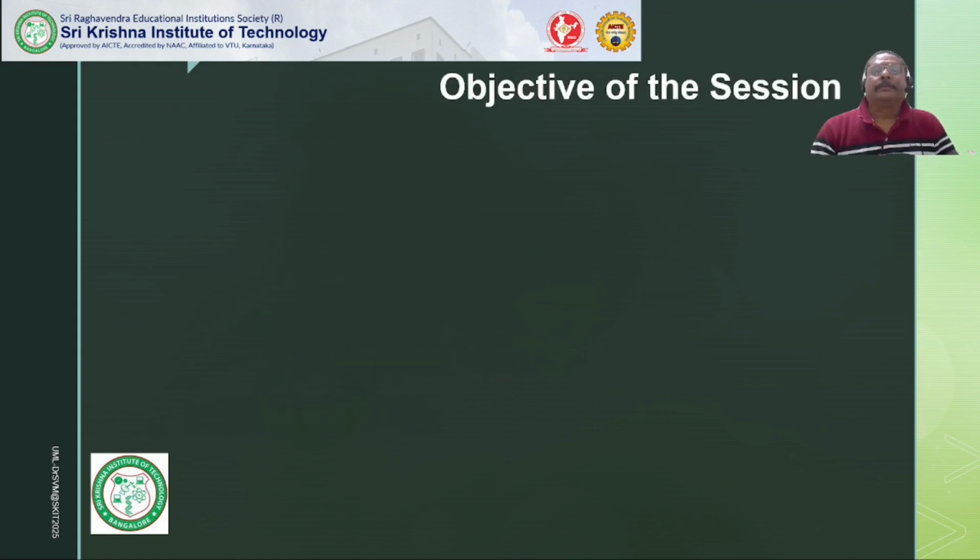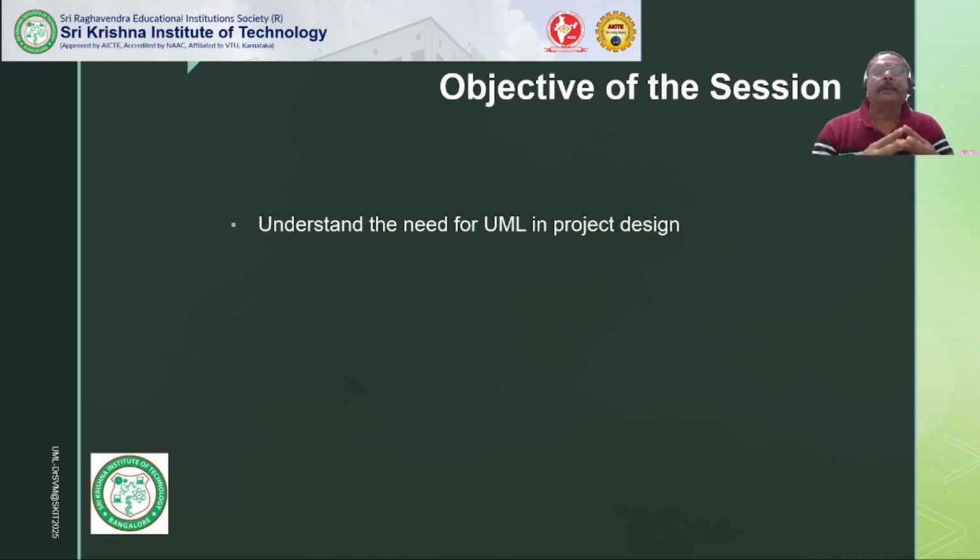The objective of this session is to understand the need for UML in project design. When we are developing any software project, the first question that comes up is, why do we need to do all these circles? Why not directly start writing the code? That's a common experience when everybody is in a hurry to start writing code.